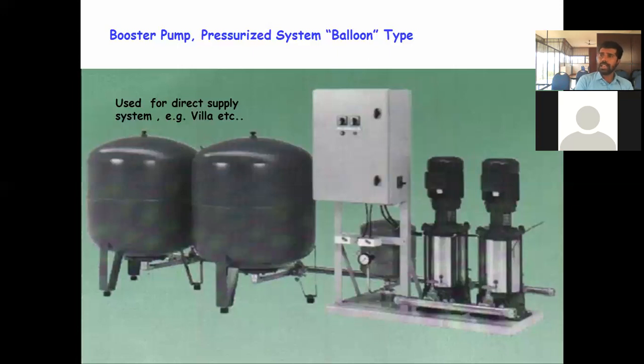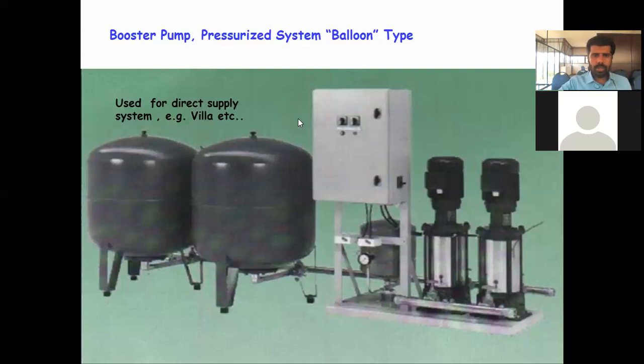In some cases the pressure is very low because there is a restriction on the overhead tank height. We cannot keep the overhead tank at a higher level. So instead of lifting the height of the overhead tank, we use these booster pumps or pressure pumps after the overhead tank. That is also possible.